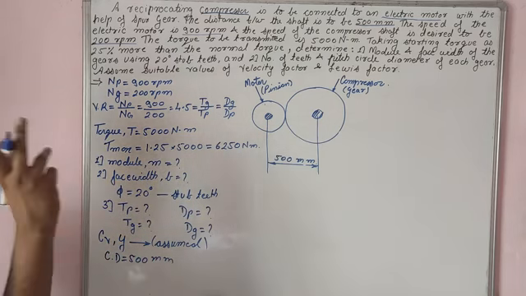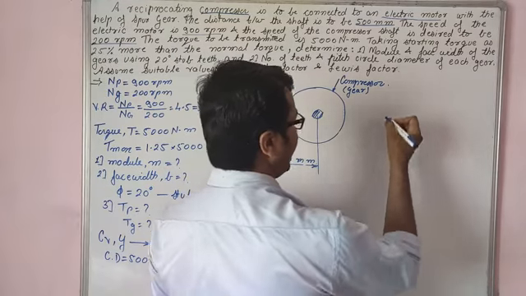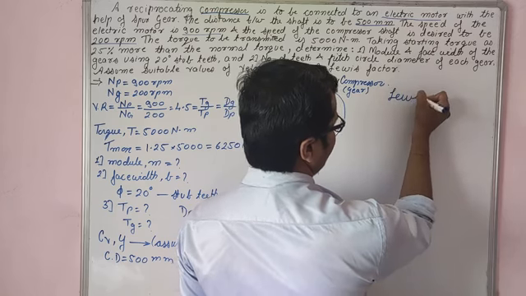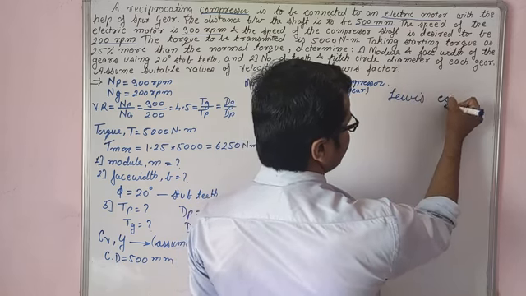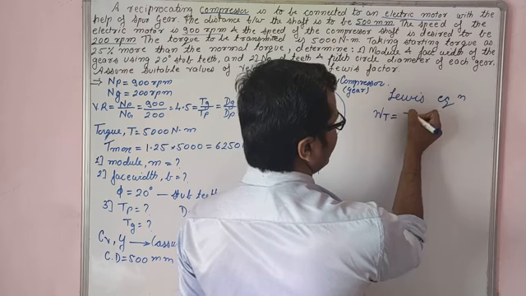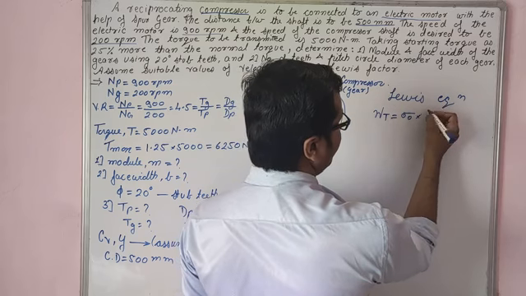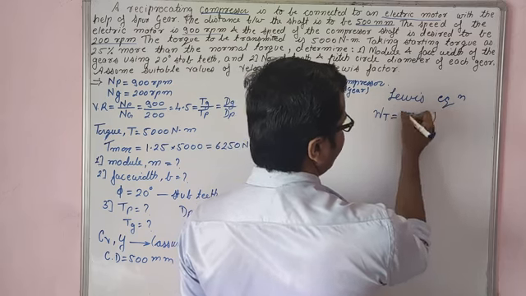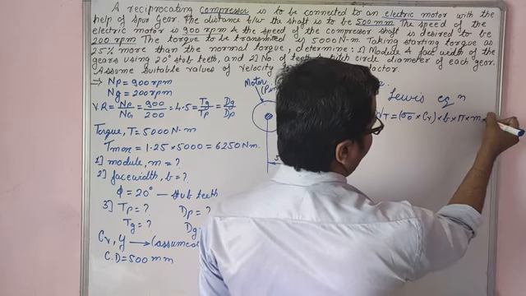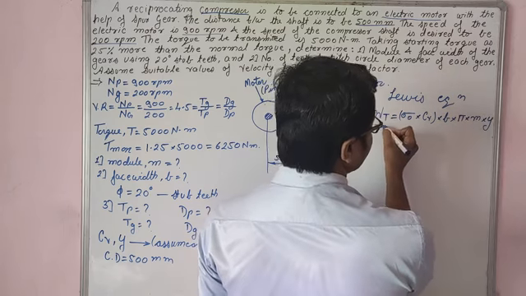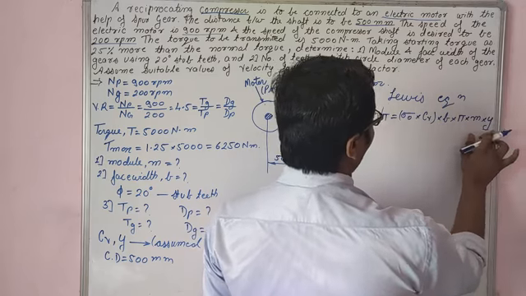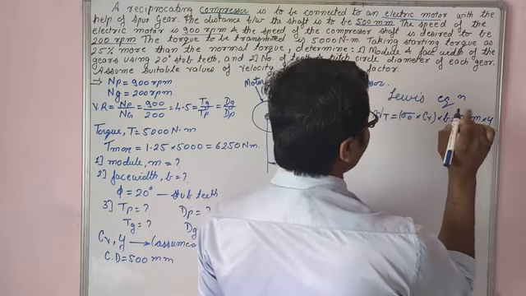And we know that the module is determined by using Lewis's equation. Lewis's equation states that the tangential load Wt is equal to sigma 0 into Cv into b into pi into m into y, right? This expression is used to find the value of m, that is module.